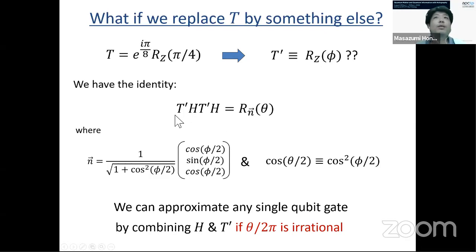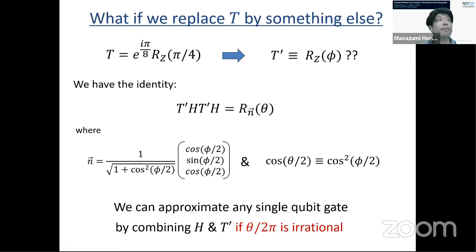Suppose we replace T by T prime, given by this one, then T prime H gives some rotation around the axis n, and the angle is given by this one. So as long as theta is 2 pi times an irrational, we can approximate any single qubit gate by combining H and T prime as well.